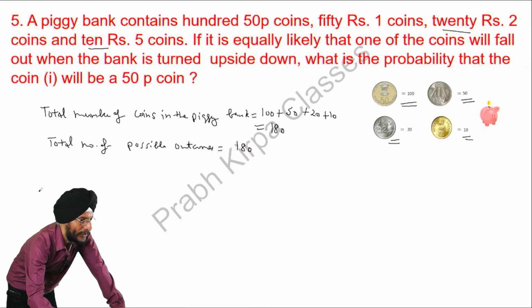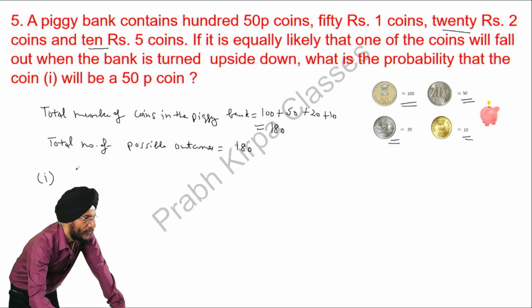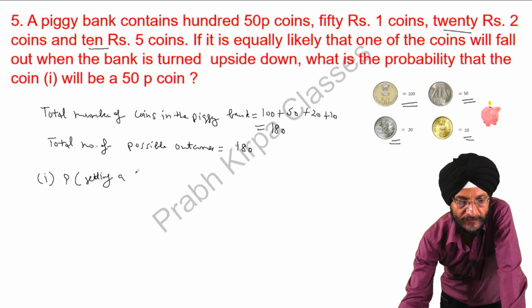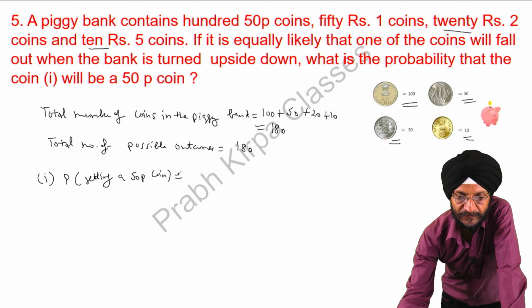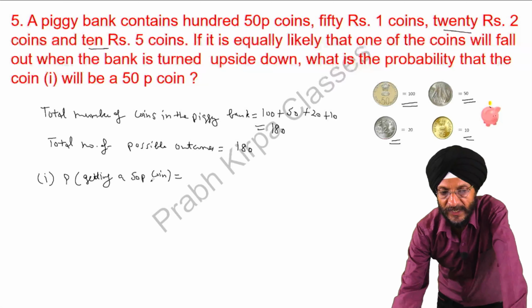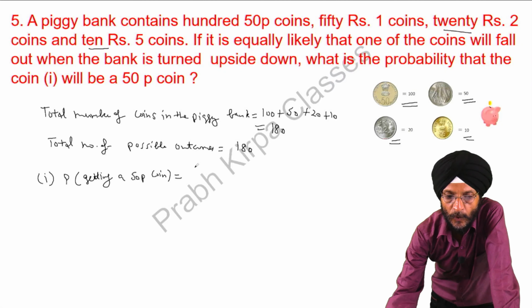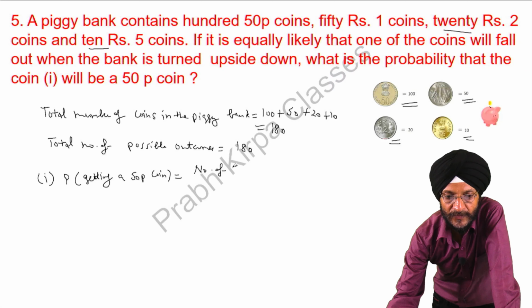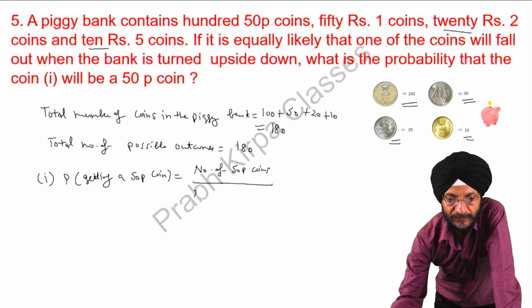So now what are we to calculate? We are to calculate the probability of getting a 50 paisa coin. So now how can we calculate the probability of getting a 50 paisa coin? Here on the upper side we will place the number of 50 paisa coins.